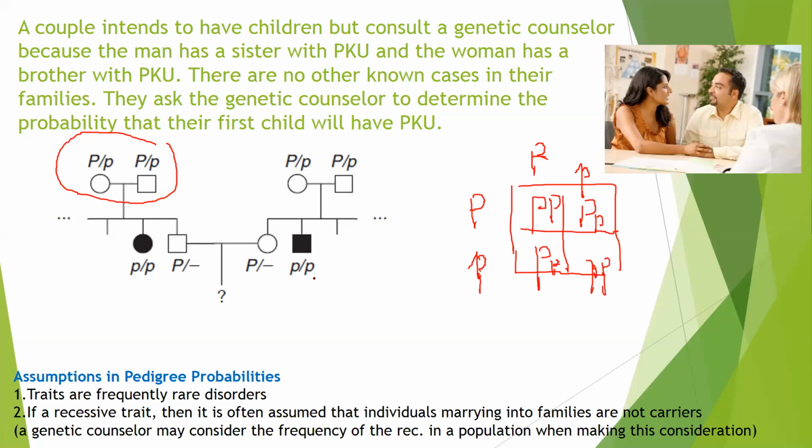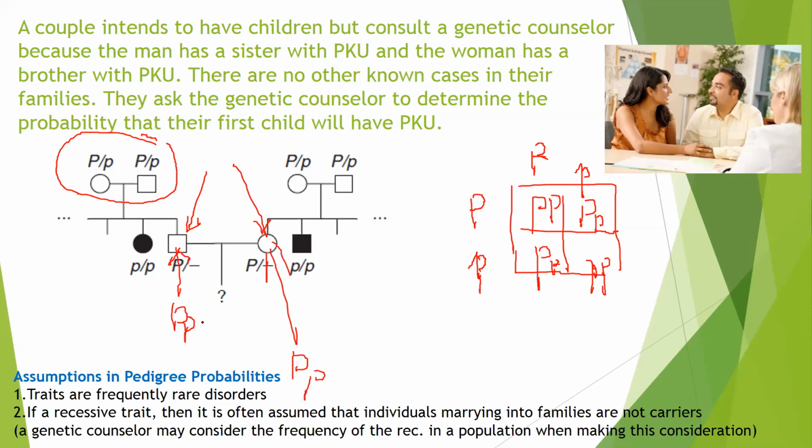Okay. All right. So now we want to calculate how likely it is that, if this man and this woman have a kid with the disease, both of them would have to be heterozygous, just like the grandparents, right? So we want to calculate the probability that this man is a carrier and this woman is also a carrier.